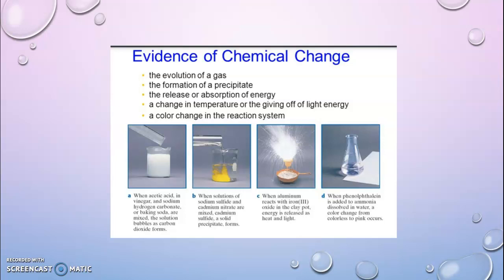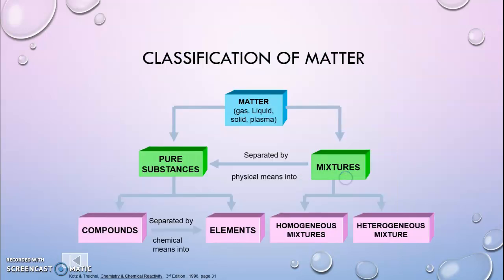So you want to make sure you're thinking about this: did the material change into a completely different material before and after? If the answer is no, then there wasn't a chemical change. If the answer is yes, then there was.